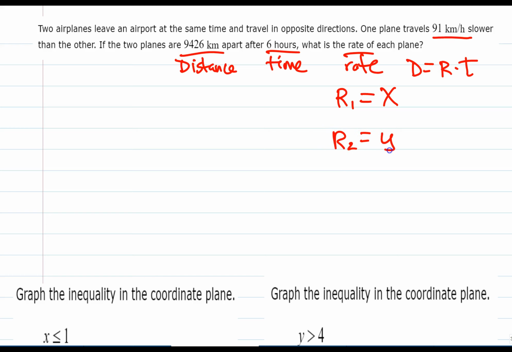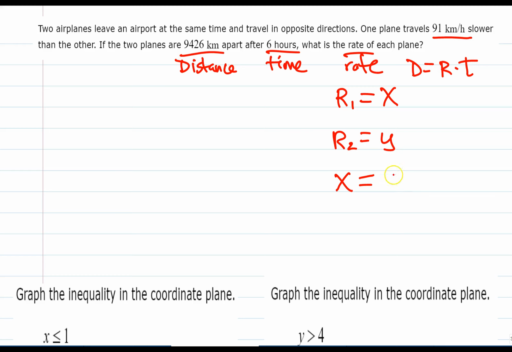You can do that if you'd like, but here's what I know. One plane is 91 kilometers per hour slower than the other, so that means if the first one is X, the second one is 91 slower than that, so what would that be?